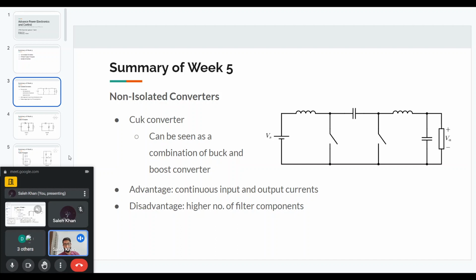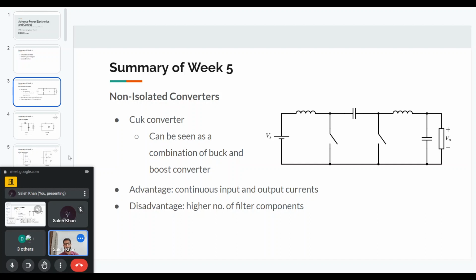But as you will see, all these converters have different features. The stress on the switches, the current through the switches, the number of devices, number of components, all these are different in different converters. And depending on the application, the power level, what is required in the application.